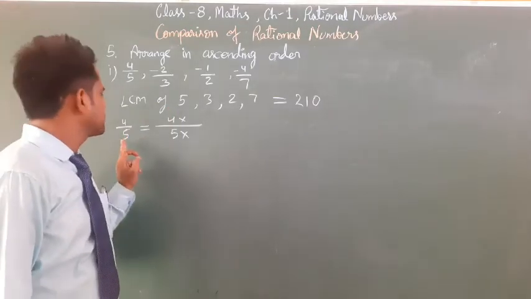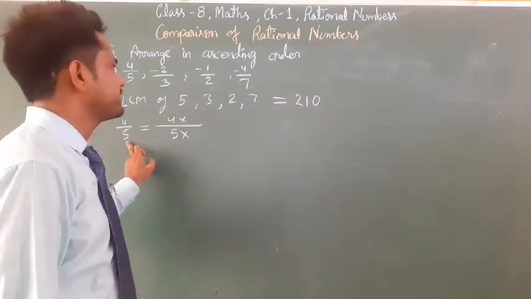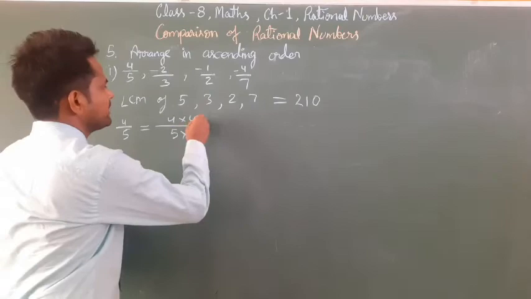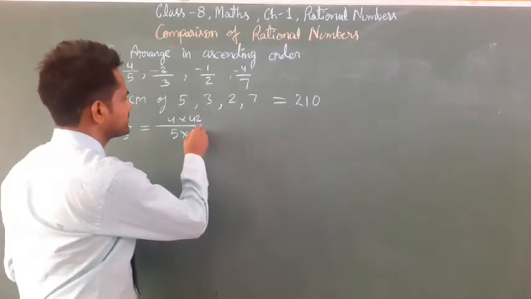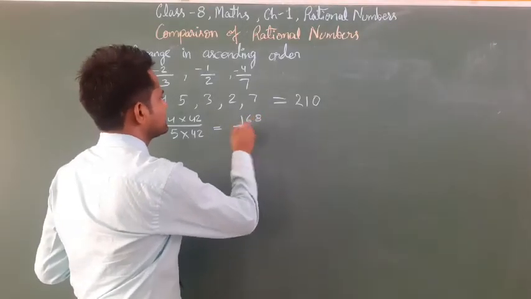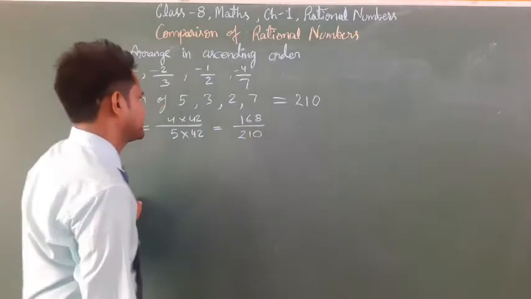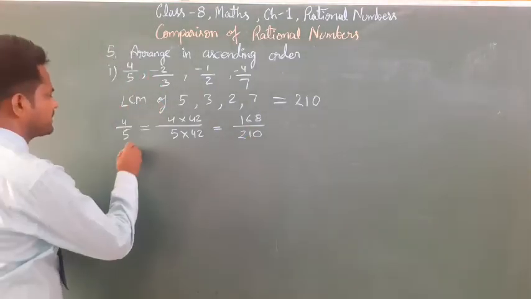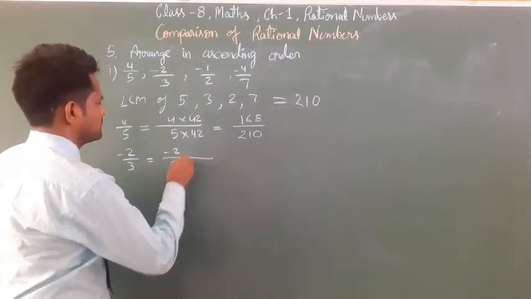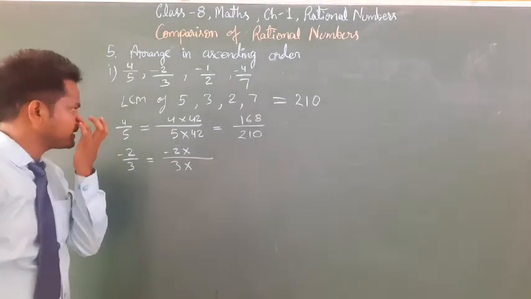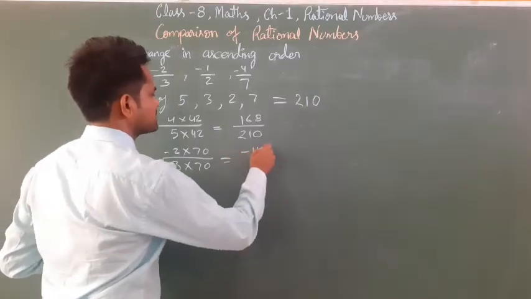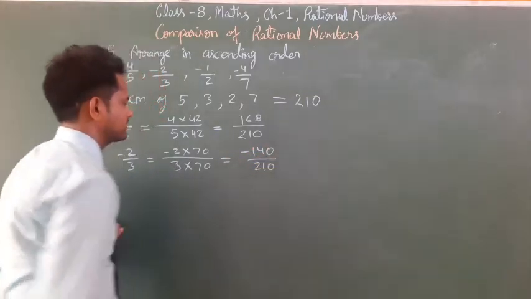So 4 by 5 can be written as, if we divide 210 by 5, we get quotient 42. So you have to multiply by 42 in both numerator and denominator. Then we get 168 upon 210. Got it? Now take minus 2 by 3 multiplied by 70. Then we get minus 140 upon 210.